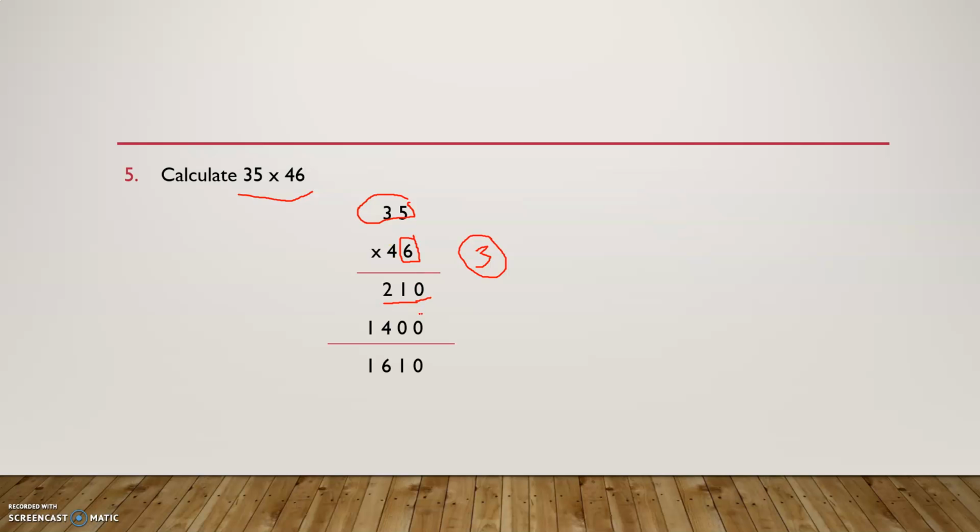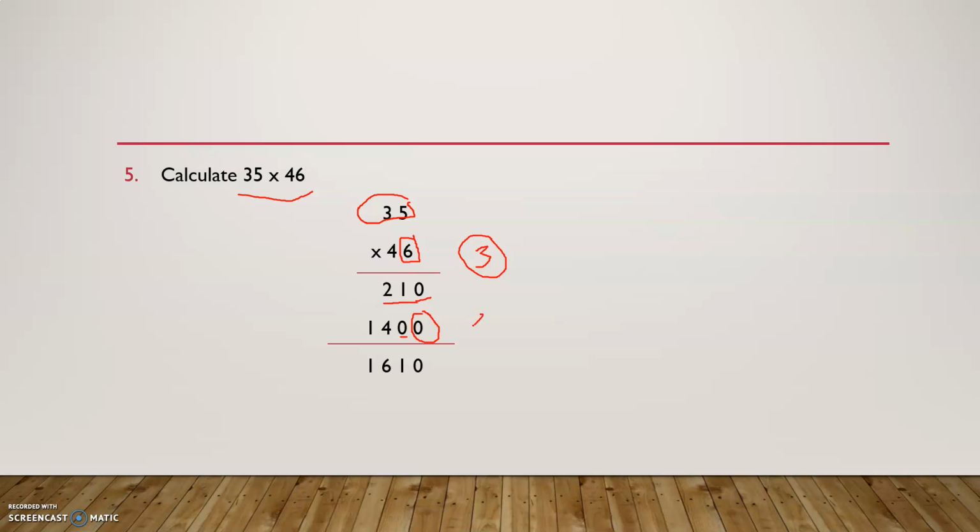Now we're going to multiply 35 times 4. Now here we put a 0, and this is because the 4 is under tens column. So there is nothing, because we already multiply this one on the top, and there is nothing on the unit column, so hence we put a 0. So now we multiply 35 times 4, so 4 times 5 would be 20. So that will be 0.